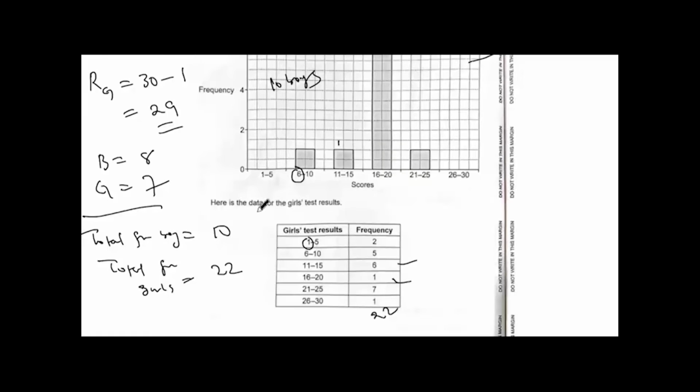Okay, so the error in Ahmed's investigation is that he didn't compare their percentage performance. Because we don't have an equal number of students, it will be unfair. There will be an error if you compare them by their numbers.